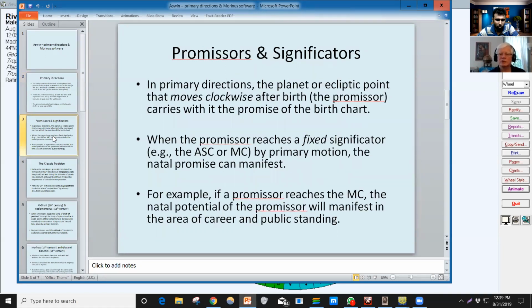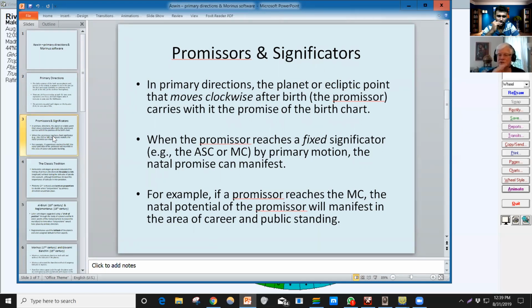What is a promissor and what is a significator? When we do primaries, we have fixed points that planets are moving toward. Those are the significators. And commonly the ascendant and midheaven are used because they're the angles. And when the promissor, which is the planet that's moving with the rotation of the Earth, reaches the significator, you will expect something of the nature of the planet that's moving clockwise to occur related to the nature of the significator.